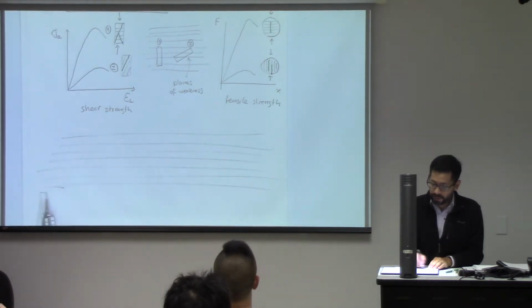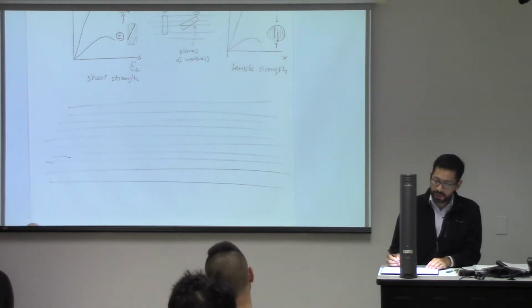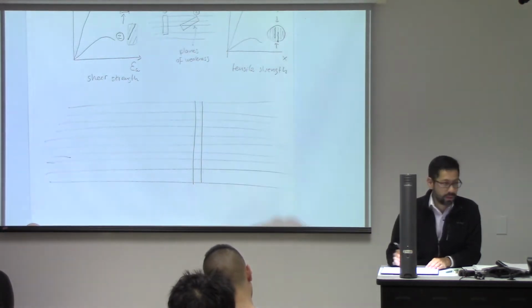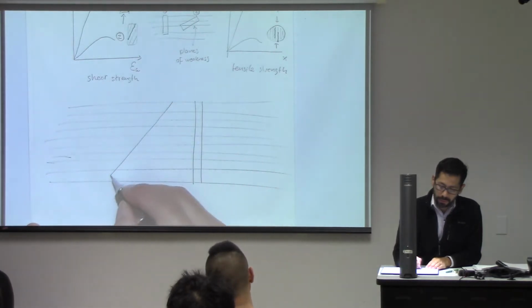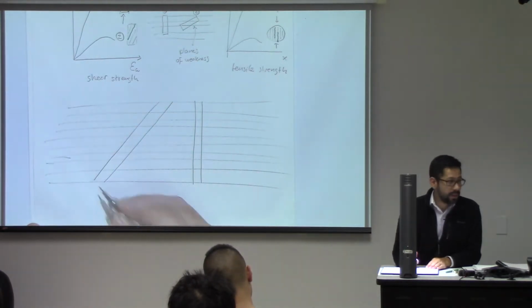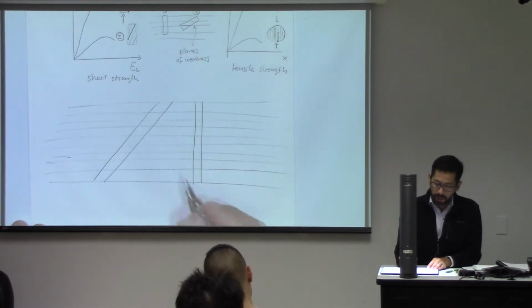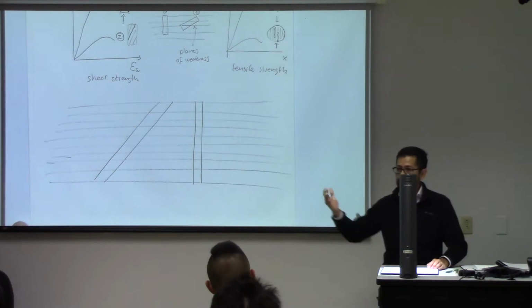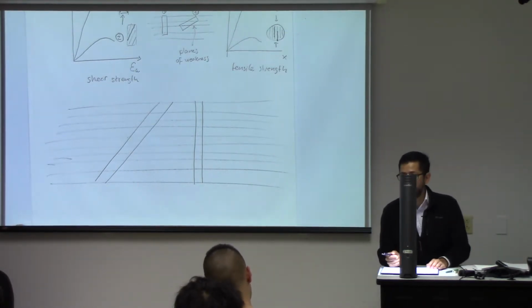And let's say I have a layered sedimentary rock. It's not the same to drill a wellbore in this direction as drilling a wellbore in this direction, because the stresses that you're going to put around the wall of the wellbore are going to be at a different angle with respect to the lamination of the rock.